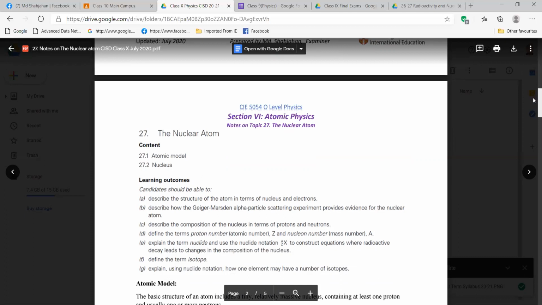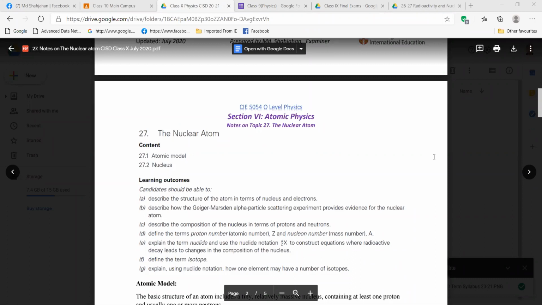So can anyone, Aisha, can you read the learning outcomes? Learning outcomes. Candidates should be able to describe the structure of the atom in terms of nucleus and electrons. Describe how the Geiger-Marsden alpha particle scattering experiment provides evidence for the nuclear atom. Describe the composition of the nucleus in terms of protons and neutrons. Define the term proton number, atomic number, Z, and nucleon number, mass number.